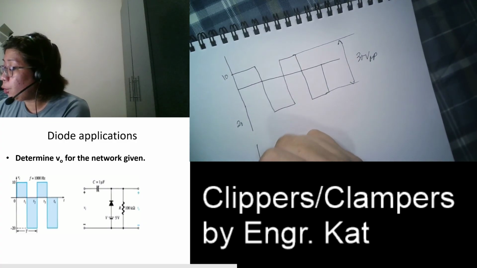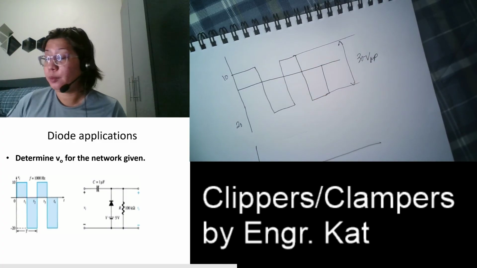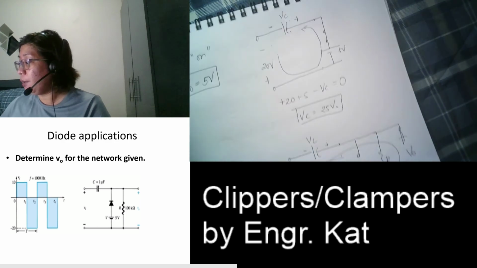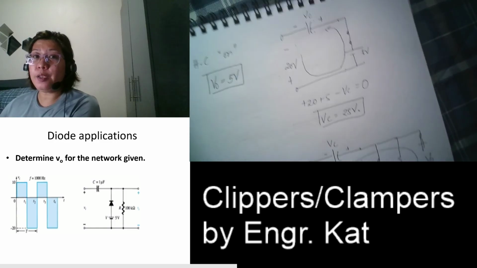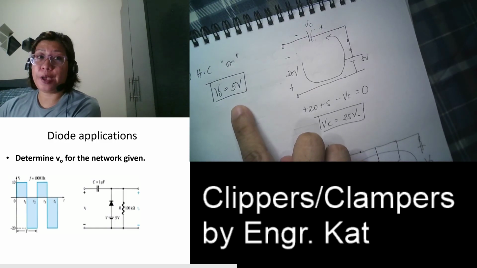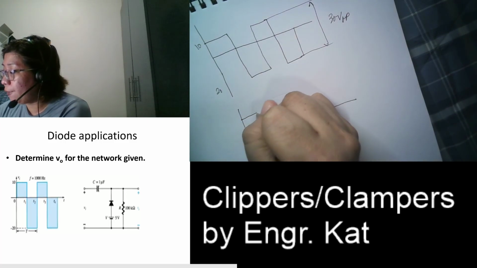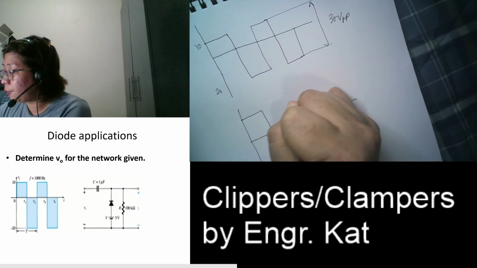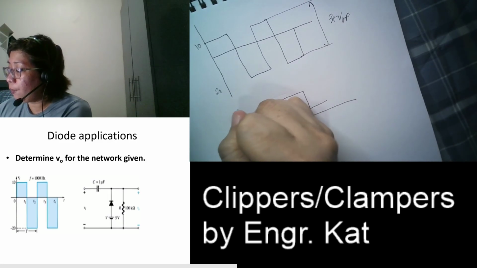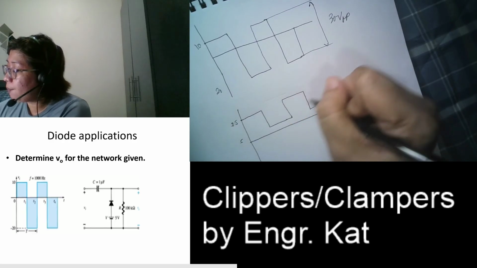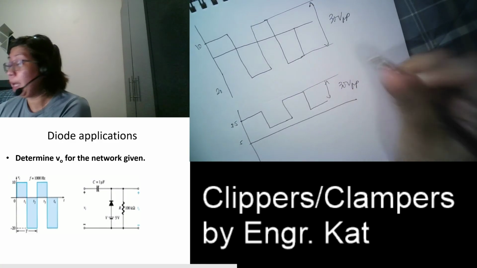So, during the time of positive half, our output is 35. Negative half, our output is 5. So if this is 35 and this is 5, the peak to peak of this is also 30 volts peak to peak.